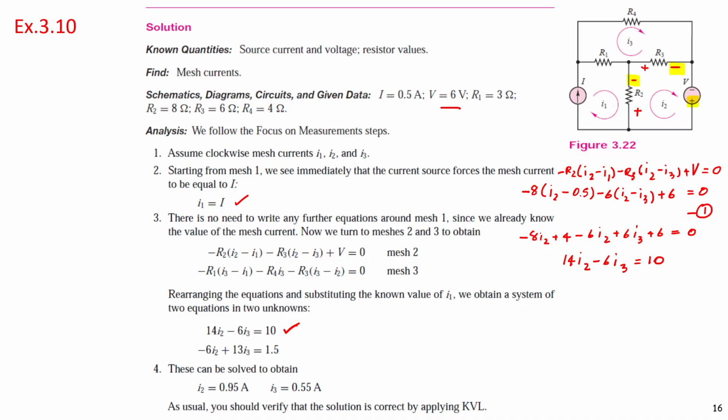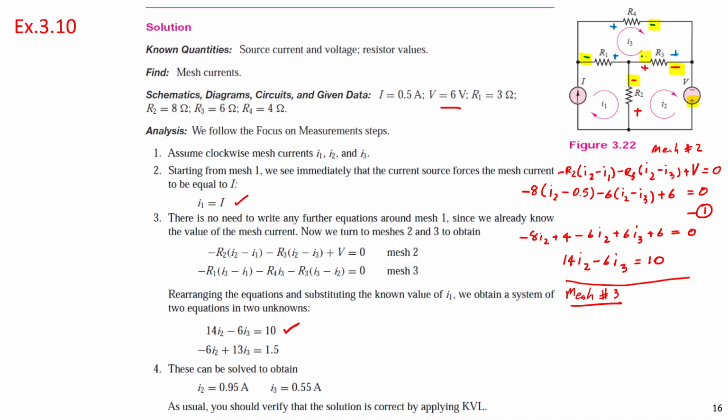Right. Then this is mesh 2, and now mesh 3. Here again, plus minus plus minus plus minus. Then minus all.